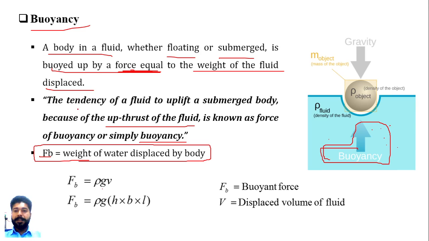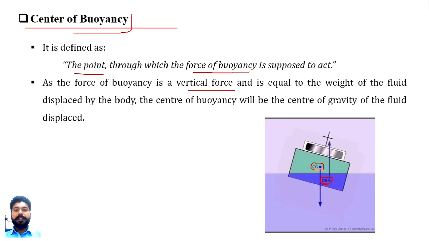Based on that principle, the buoyant force acts on the object to suspend it on the free surface of liquid. After that, we saw the center of buoyancy, which is the point of application of the buoyant force.